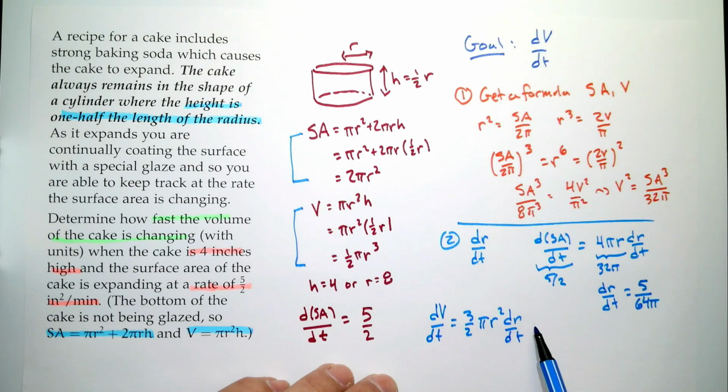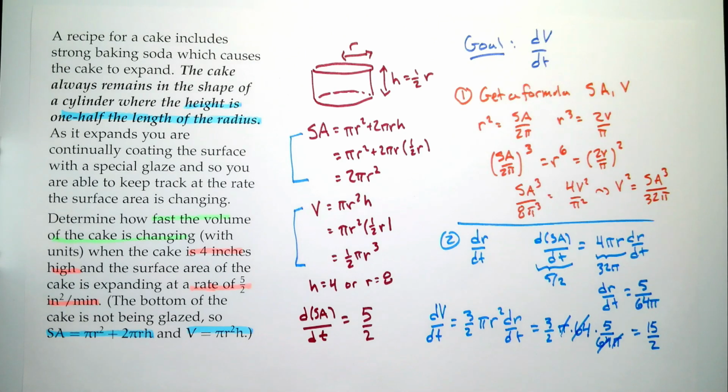That's good, so we don't have to do anything fancy there. We have 3/2. We have pi. We know what r is. R is 8, so 64. Then dr dt is 5 over 64 pi. So the pi's cancel. The 64's cancel. And we're left with 3/2 times 5, 15/2. So that's dv dt.